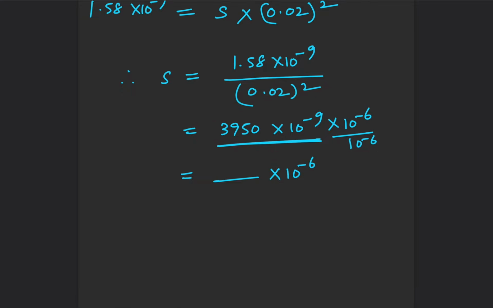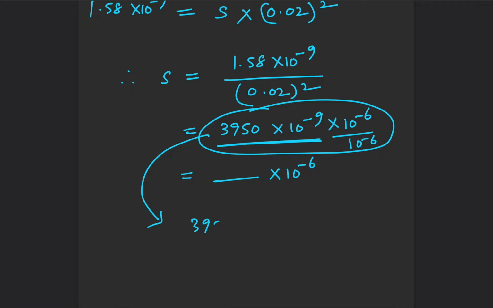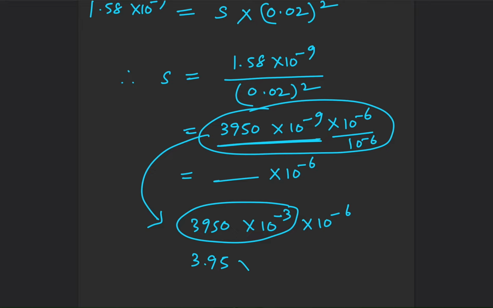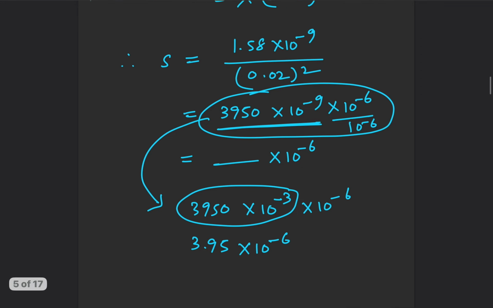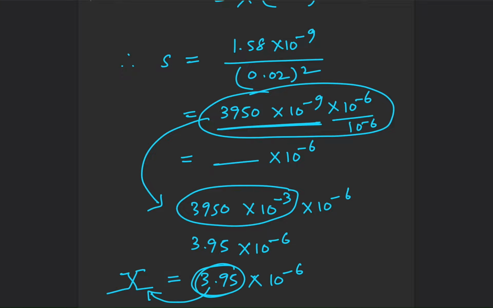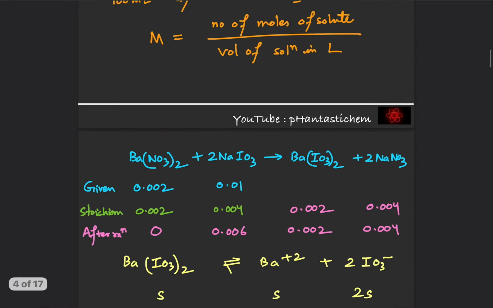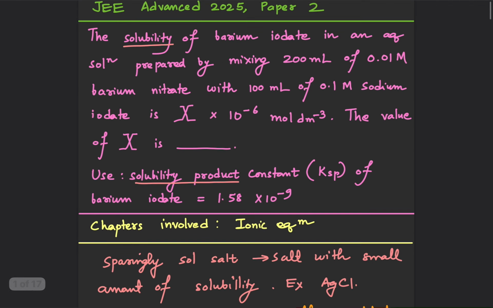So this whole thing becomes 3950 into 10 to the power minus 3 into 10 to the power minus 6, and this is 3.95 into 10 to the power minus 6. So therefore X, or the solubility, is 3.95 into 10 to the power minus 6, where this value is our X. Okay, so the answer will be 3.95.